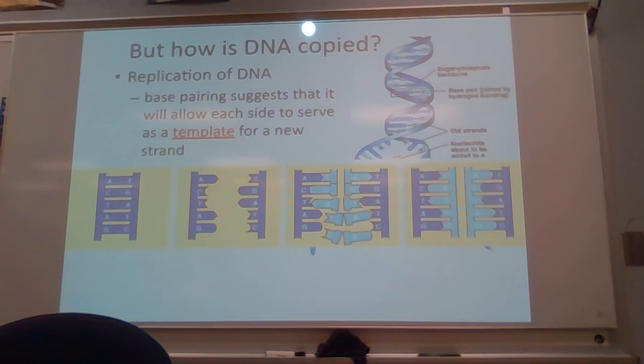So they have all the same sequences, right? But it's half of the original DNA and half new. Each side of that DNA molecule is acting as a template for a new strand. So that's the very, very simplified version of DNA replication.